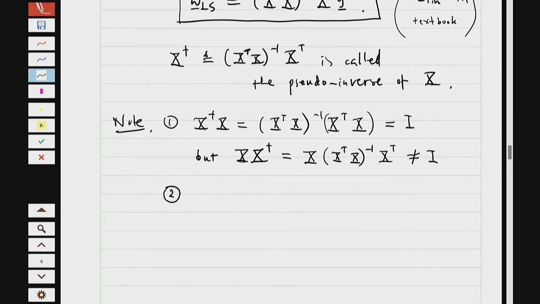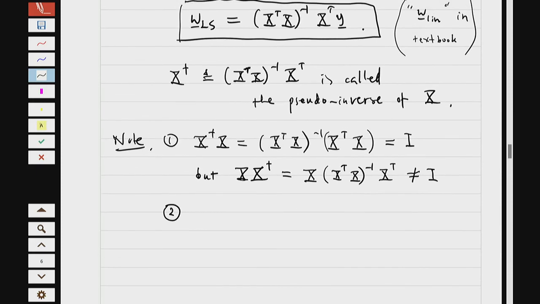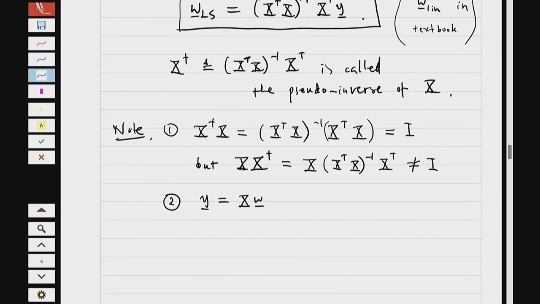Number 2. Why do we have a pseudo-inverse as a solution for least squares? Our problem was originally that we want to solve XW equals y, searching for W. In the one-dimensional case, we have y equal to xw. To solve for W, it's simply W equal to 1 over x times y, provided that x is not 0.